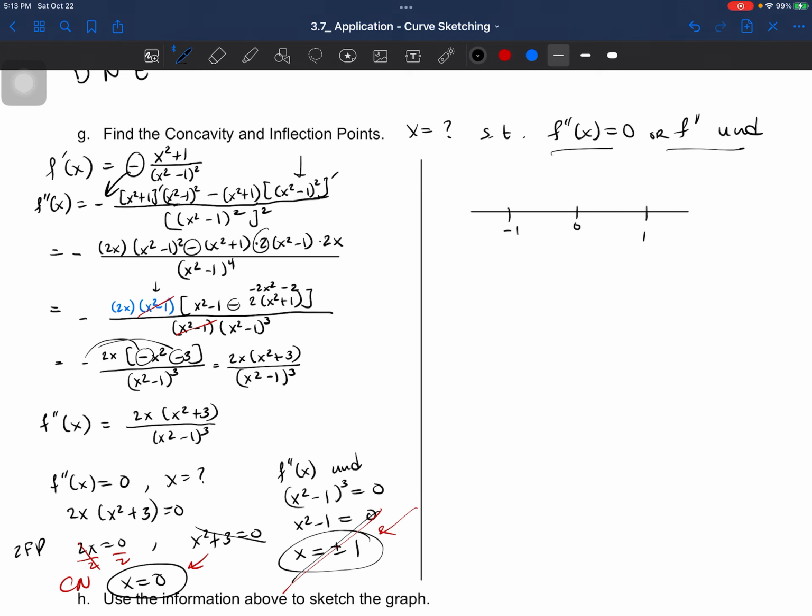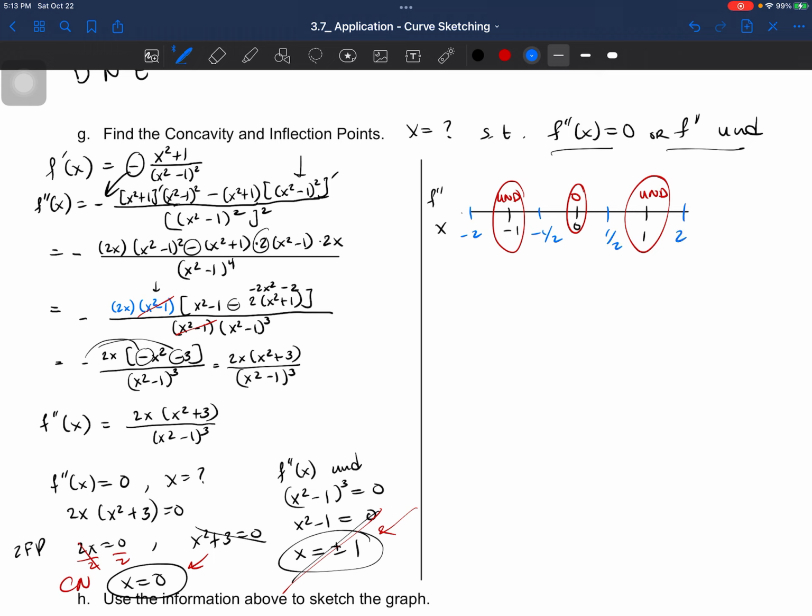Alright, so let's begin. Let's create a number line. We have 0, negative 1, 1, x, second derivative. We know this is 0, 0, this is undefined, 0, undefined.